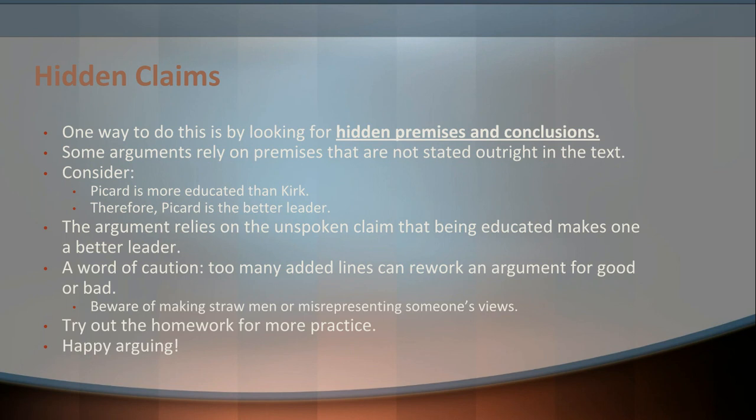And it's worth noting that if we add too much to an argument, we'll actually lose sight of what the original thing looked like. If you see an argument that has lots of gaps and holes, and we fill in too many of them, well, then we're no longer dealing with that argument. We're dealing with our polished up Hollywood version of it, in which we've created this sort of illusion of what we wanted to see.